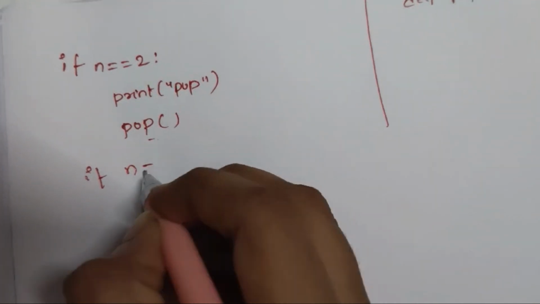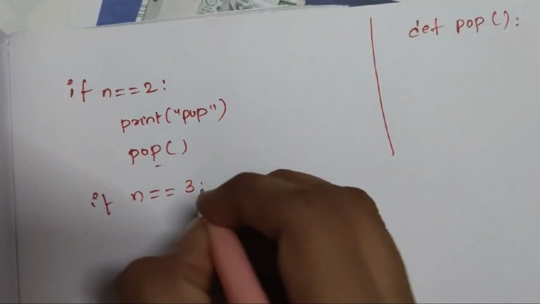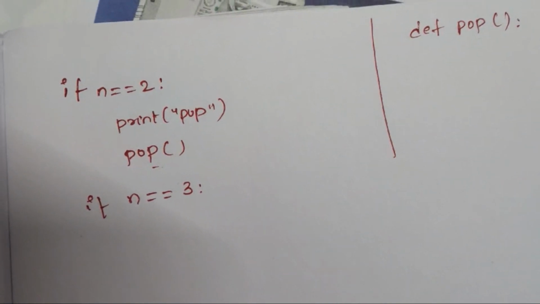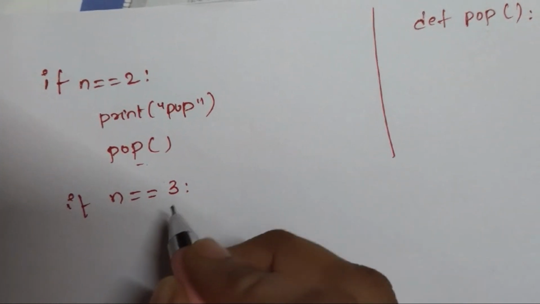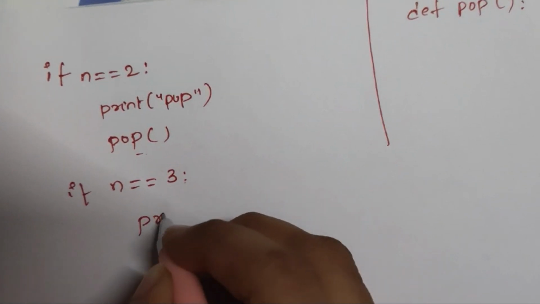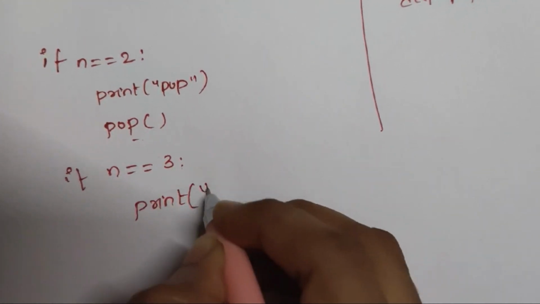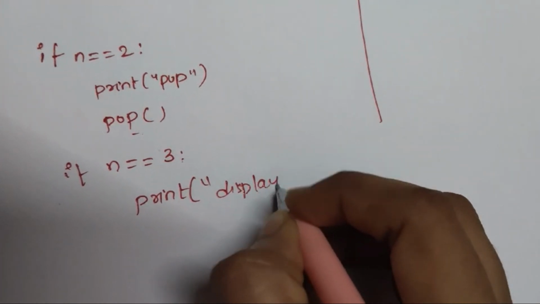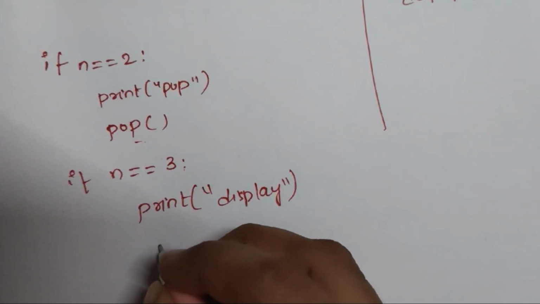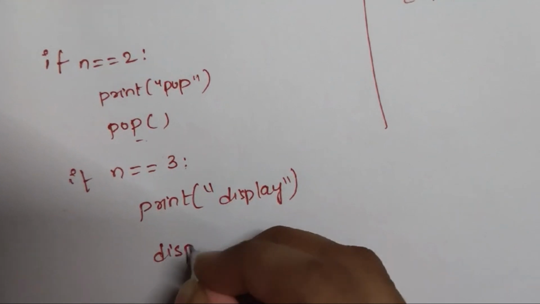Next, if n equals 3, then we'll be writing print display, and we'll be calling the display function here.